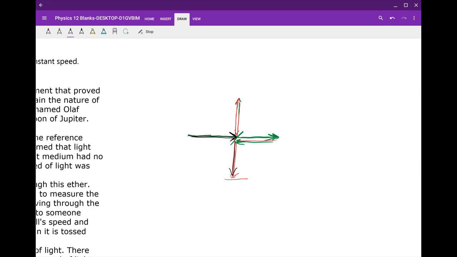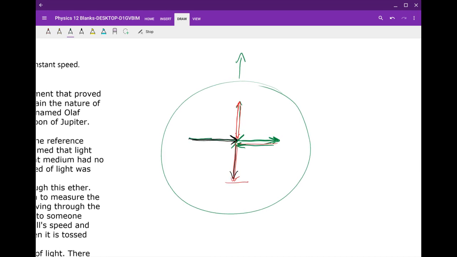Then they said, okay, we're on the Earth here, and the Earth itself is moving in that direction. So the question is, due to the fact that the Earth is moving in that direction, does it make a difference?